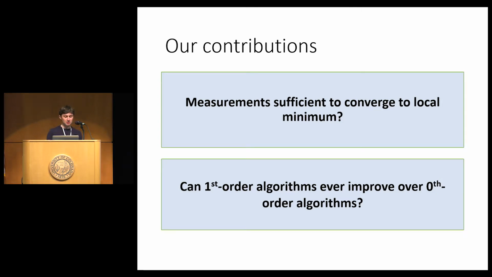This might be relevant in settings where we may want highly precise answers, maybe quantum chemistry, so we might spend a lot of time trying to converge in the vicinity of an optimum. Also, we were interested in whether first or higher order algorithms can actually obtain some provable improvement over 0th order algorithms.